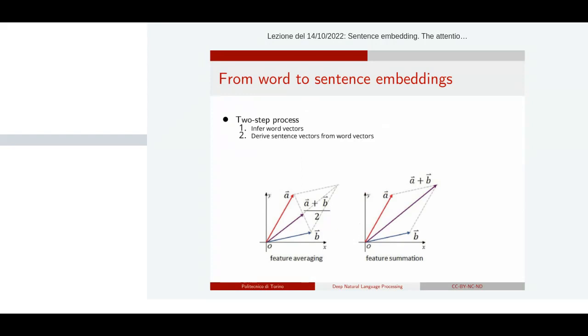This is a word, this is another word, and this is the average vector representing the combination of the two words. You can approximate the sentence level representation as an average of the composing word vectors.